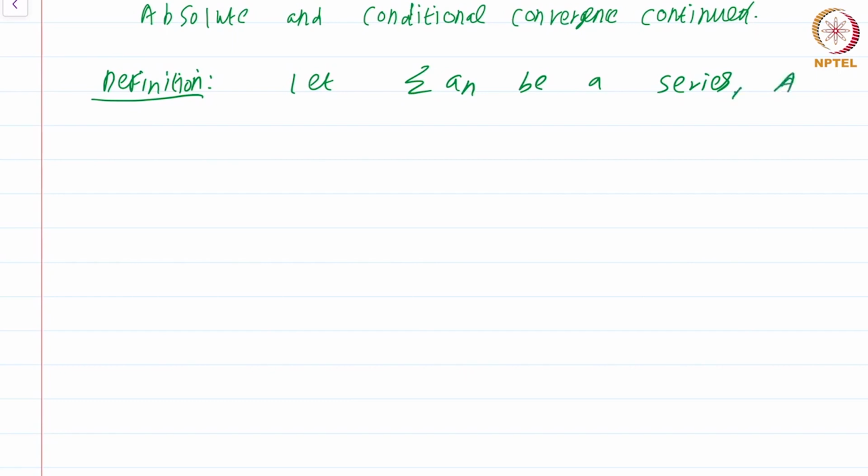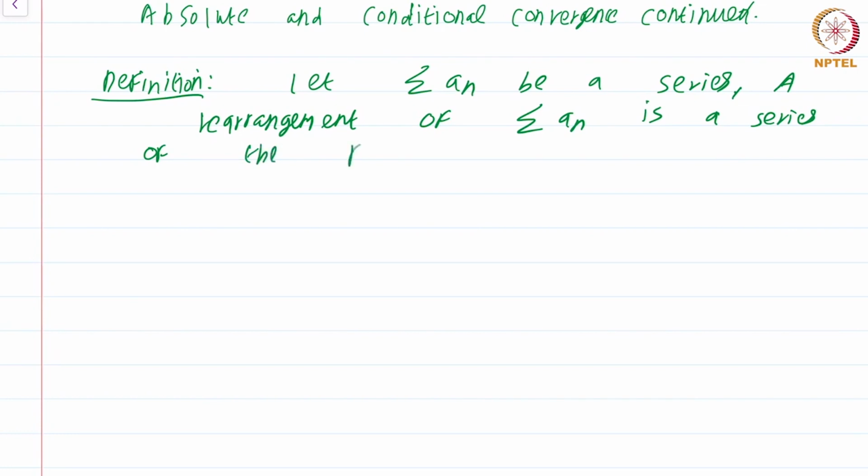A rearrangement of summation an is a series of the form summation a sigma n, where sigma from natural numbers to itself is a bijection.